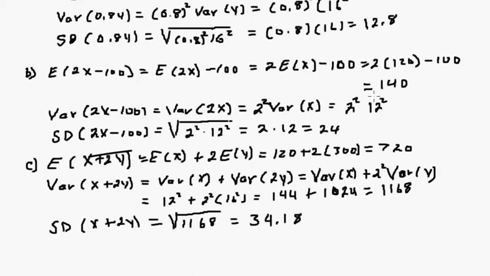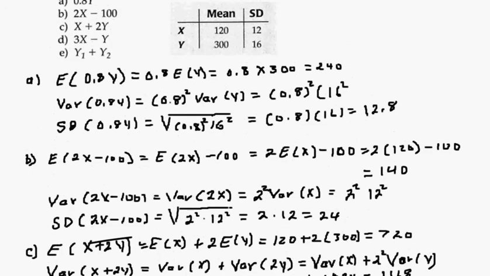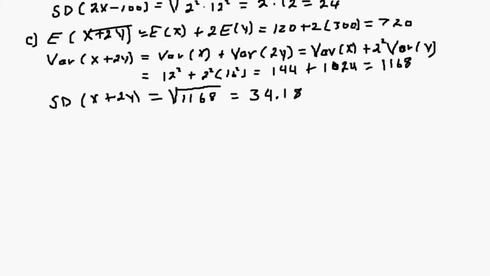Okay, so a couple more. See if I can get through them. 3x minus y. Okay, so nothing too fancy here, just one little trick. The expected value of 3x minus y, so that's going to be 3 times the expected value of x minus the expected value of y.